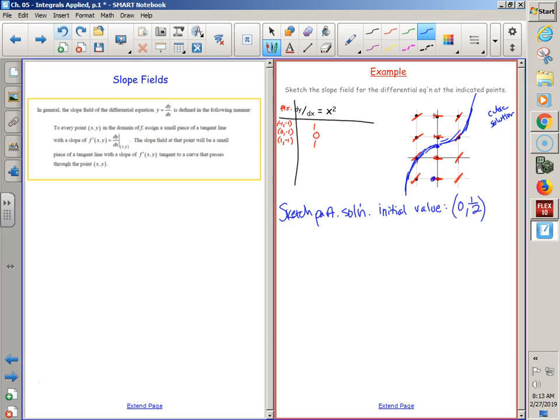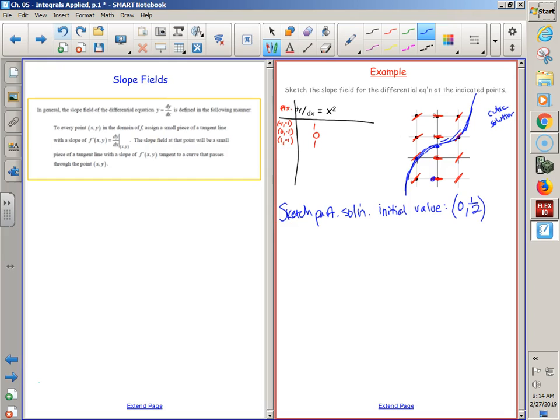I knew when it came here, it had to go flat because all of these go flat. And I knew up here, somehow it has to go positive. So I followed the flow. Now, if we got even more slopes all around here, maybe we're going by halves instead of going by ones, it might be easier to do, but you don't literally have to go connecting the dots. Literally just try to follow the flow to show the general idea. Does that kind of make sense? It doesn't have to perfectly connect all of those different little baby slopes.